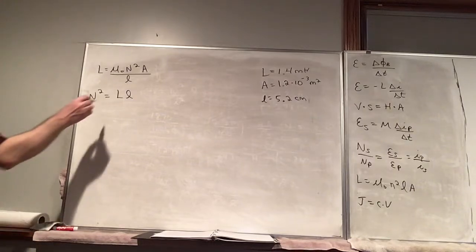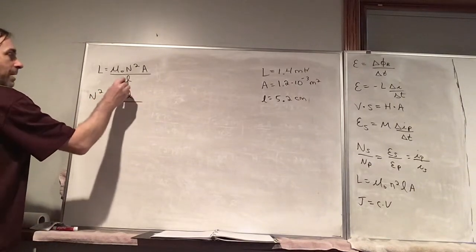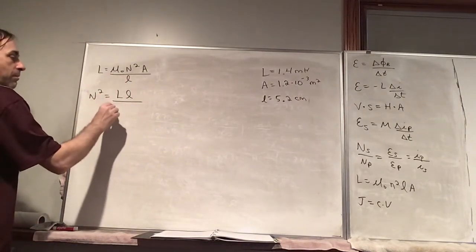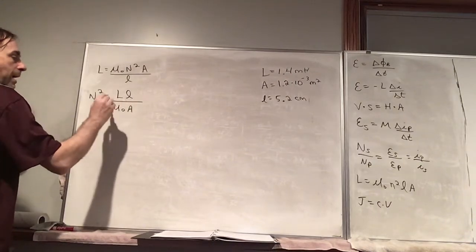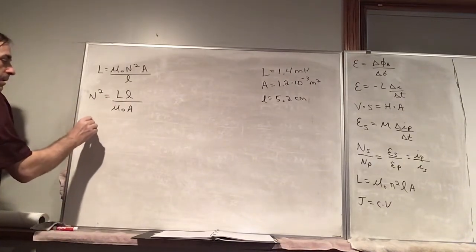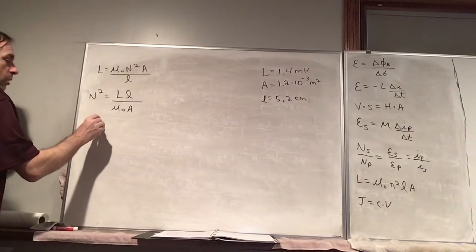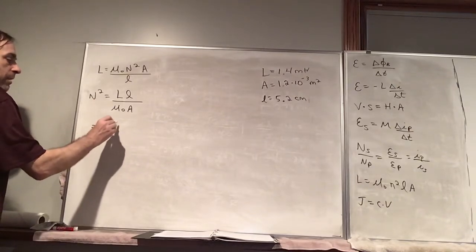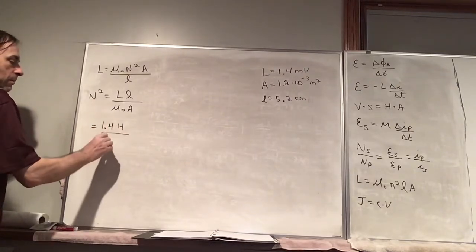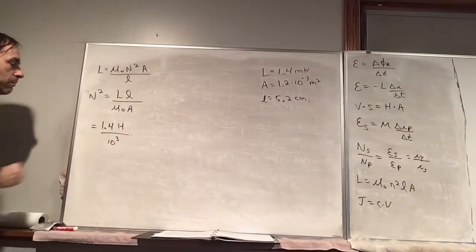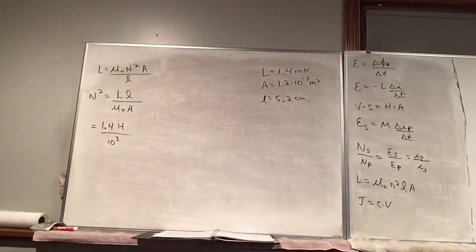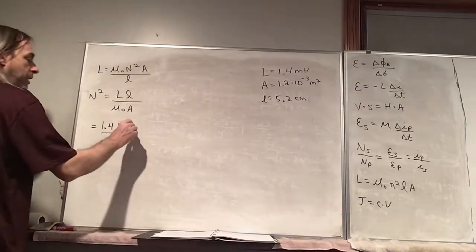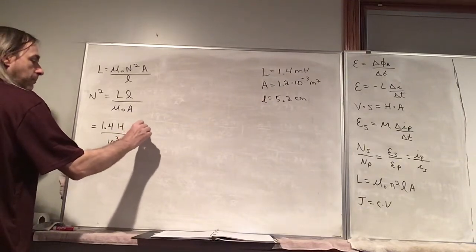So we have inductance times length over mu naught times the area. So we have 1.4 millihenries. The length, 5.2 centimeters.